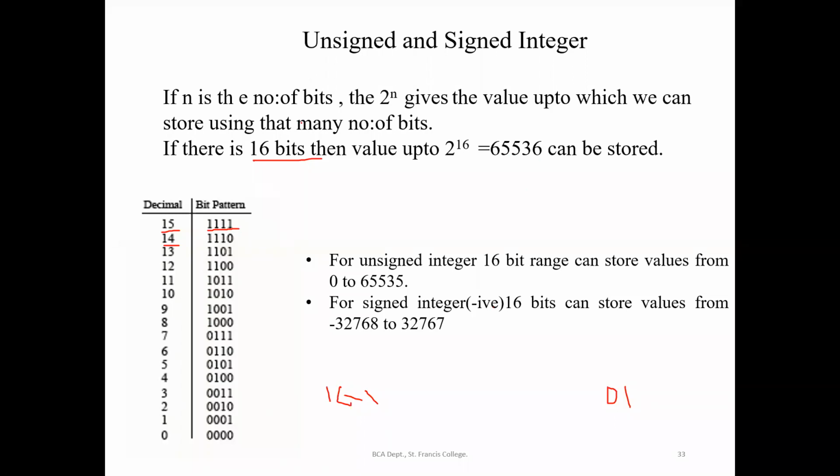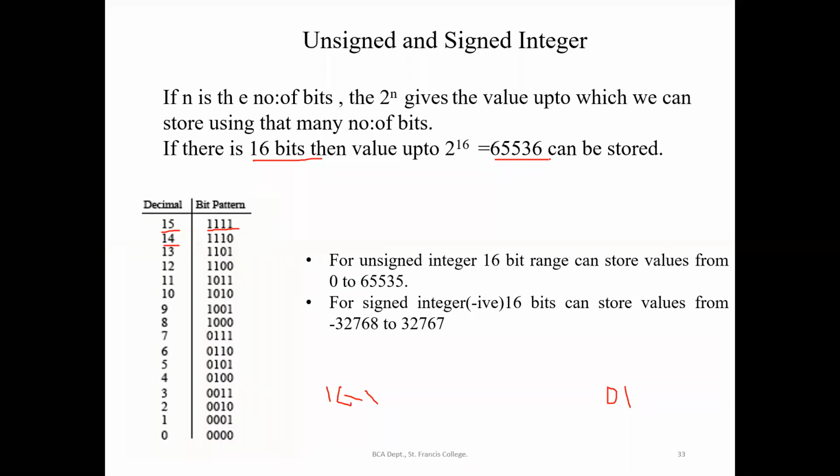Got it? So even if I am declaring a variable of data type int, I'll be given 16 bits in memory, so I can give the variable a value up to 65,536.